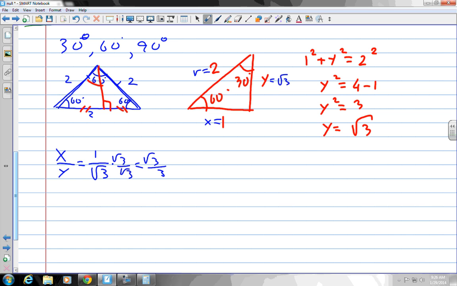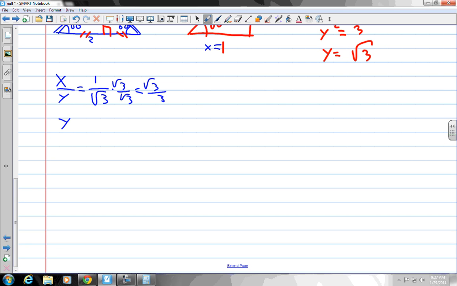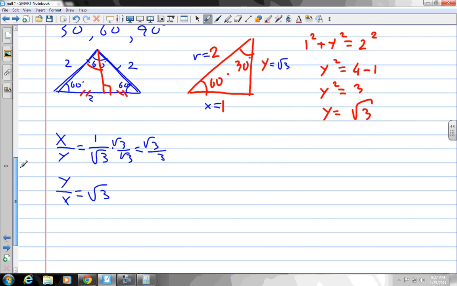That ratio is going to stay the same in all 30, 60, 90 triangles, not just this one, all of them. Same thing if I go y over x, I'll just end up with the square root of 3. Is that okay?